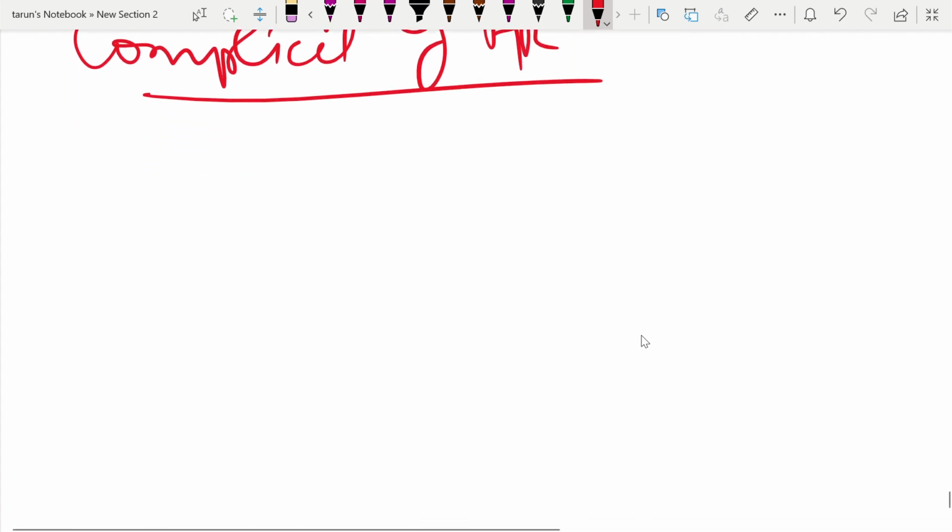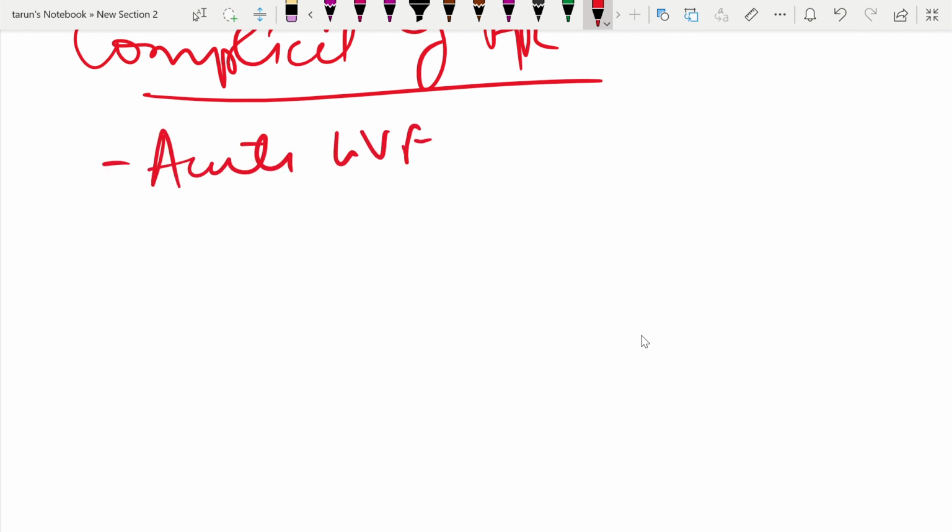You will say the complications of aortic regurgitation are acute left ventricular failure, infective endocarditis, congestive cardiac failure, arrhythmias, heart block, angina pectoris, especially nocturnal angina pectoris.